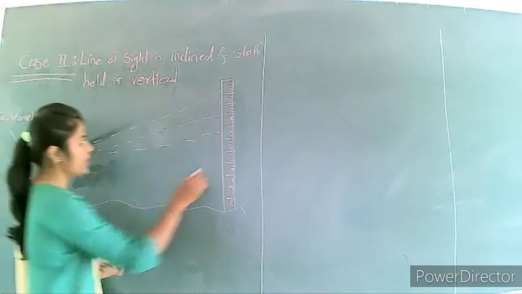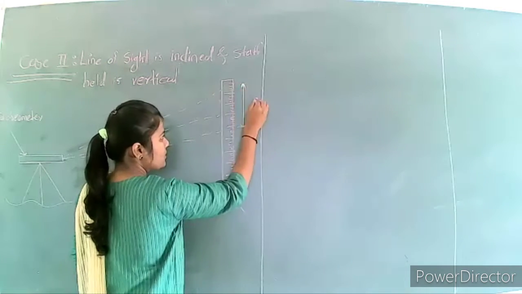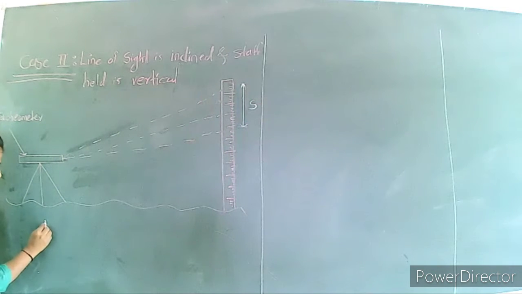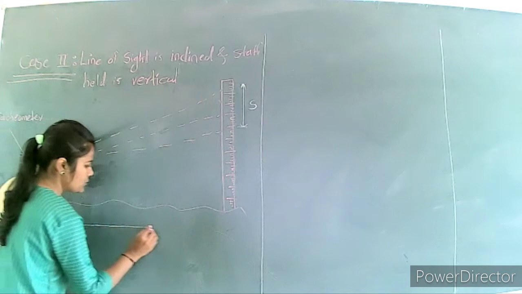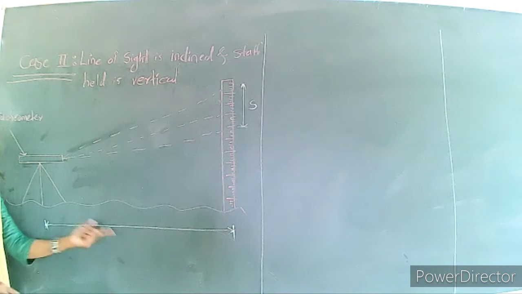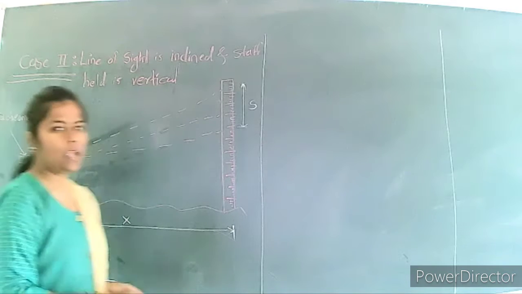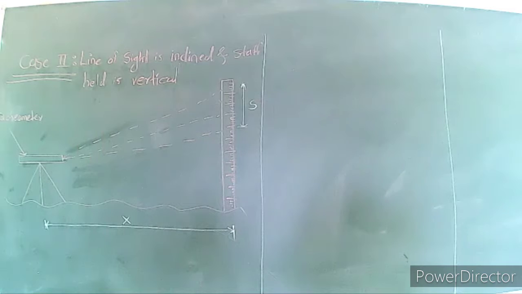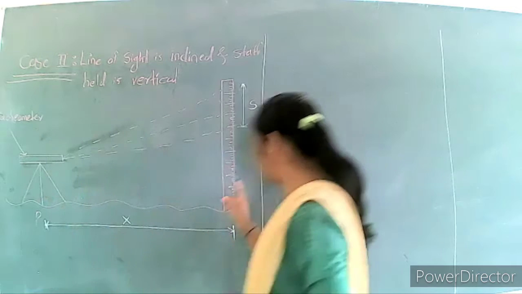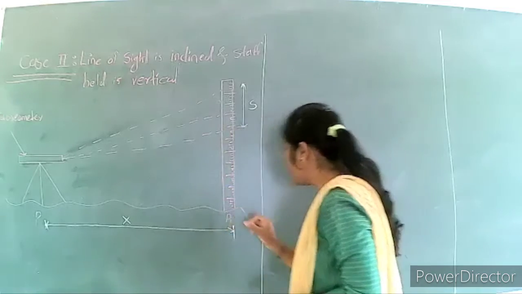From this, we take the difference between the bottom and top hair readings, which is known as the staff intercept and denoted by S. The horizontal distance between the instrument and the staff is known as the horizontal distance and is denoted by capital X. The point at which we place the instrument is denoted as station P, and where we place the staff, it is denoted as A.